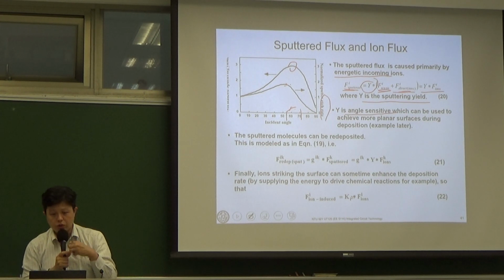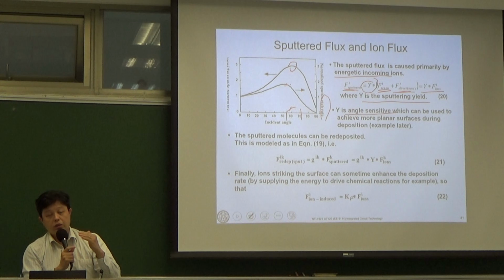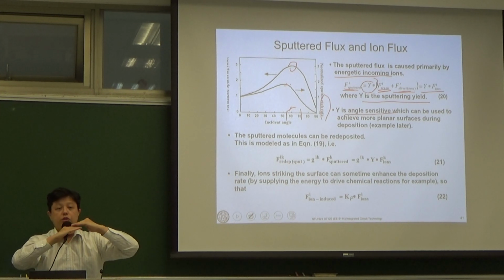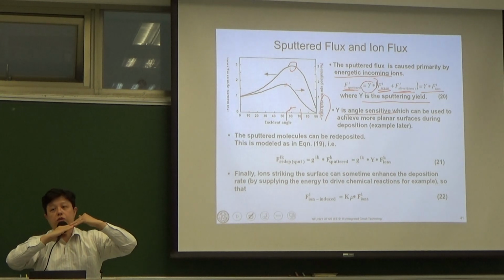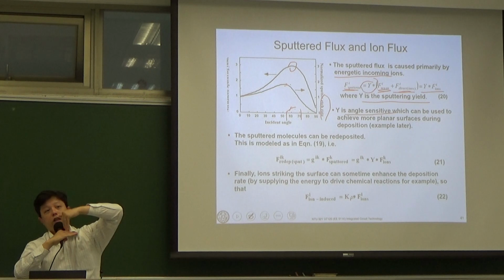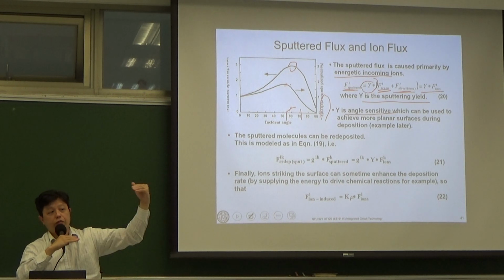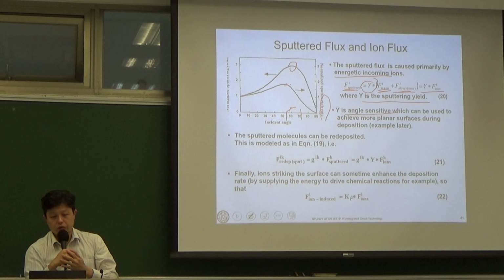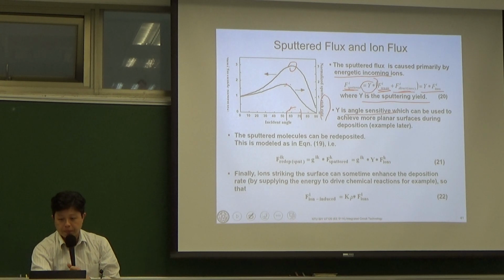So you try to sputter your target. It's not 90 degrees or 0 degrees because this is a surface. If you come in at 0 degrees, actually the sputter yield is pretty low. Also at 90 degrees, the same. So you come in at like 60 degrees, so you get more sputtered out atoms.